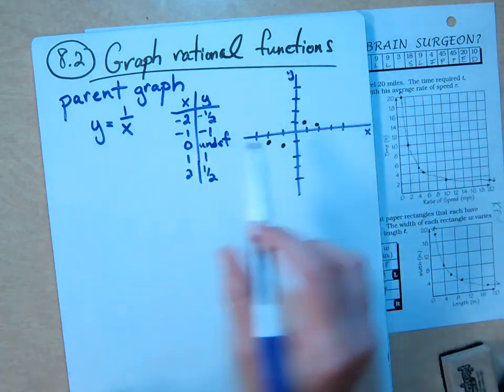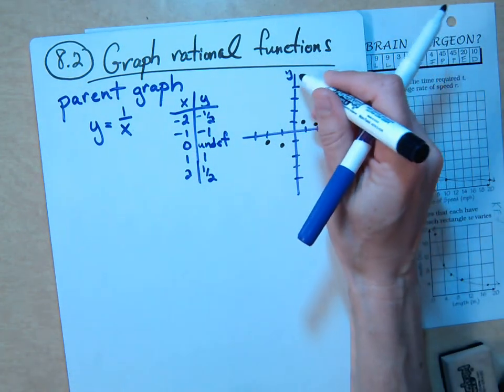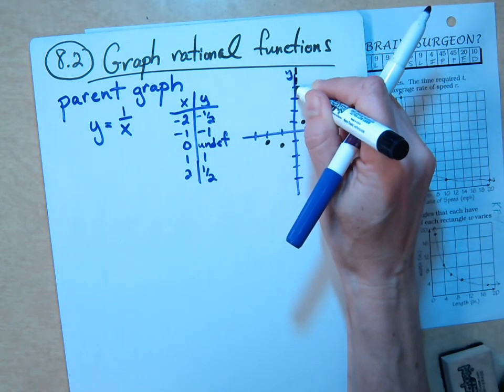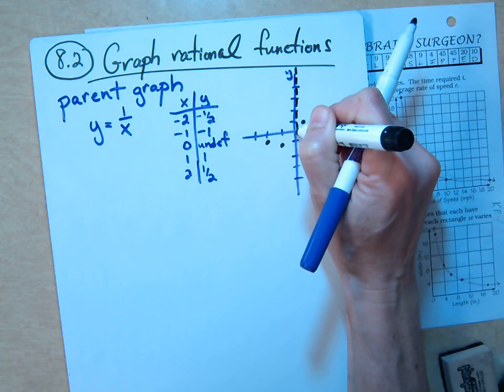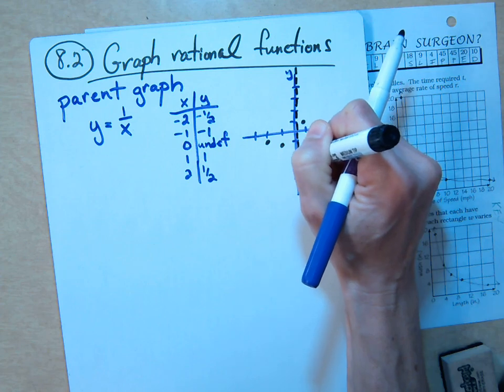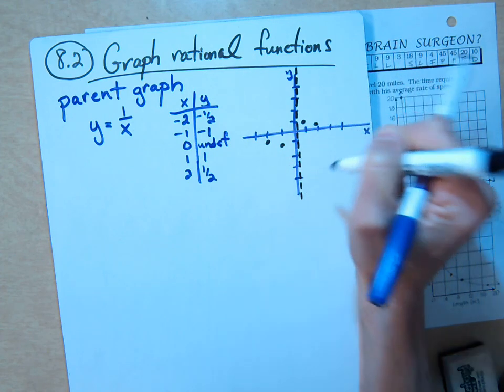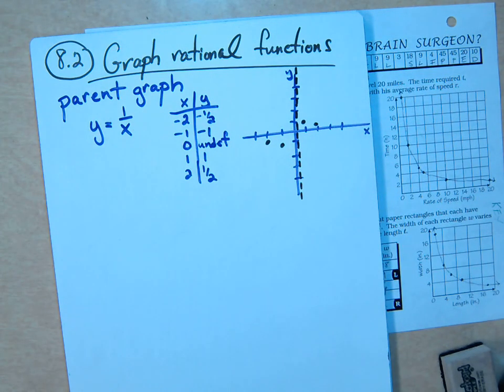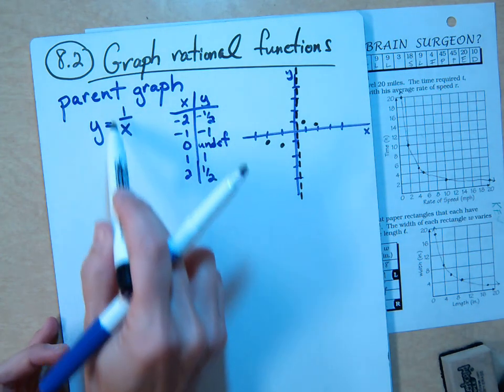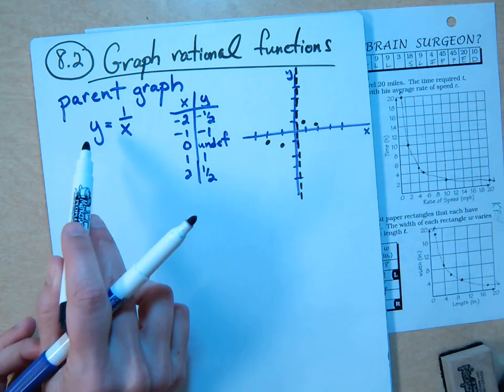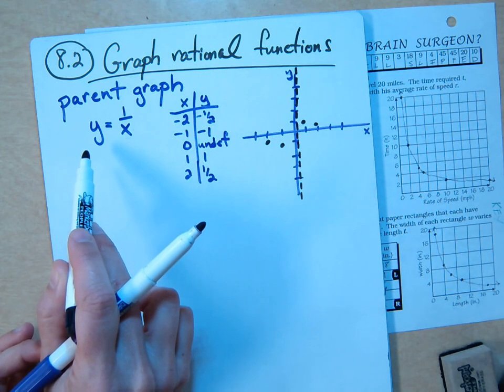So what happens at 0? What you do is you put something called an asymptote. Since x can never be 0, you're going to put a dotted line where x is 0. And it can't touch that. Okay, and as it turns out, since this part can't be 0, y can also never be 0.